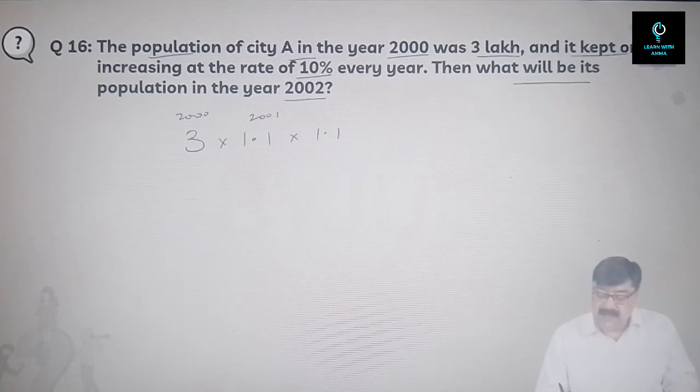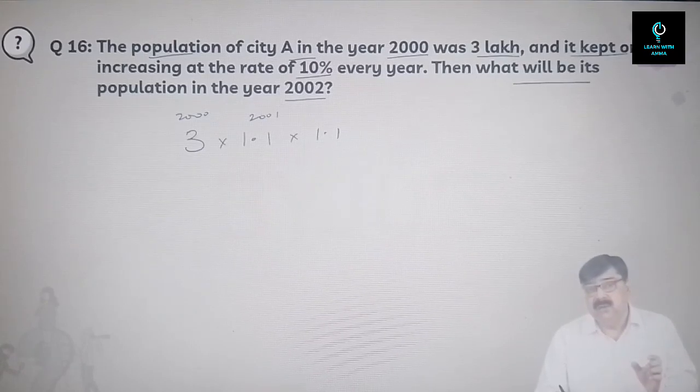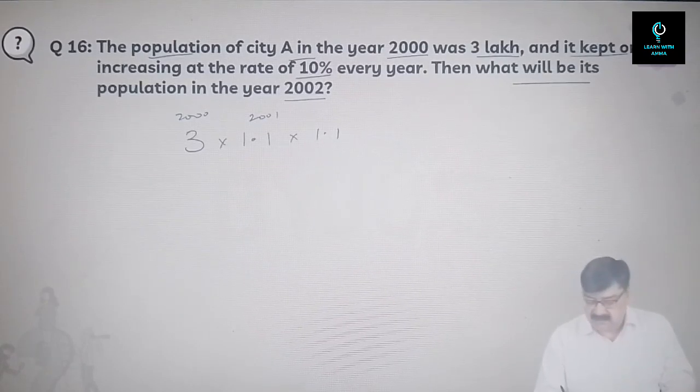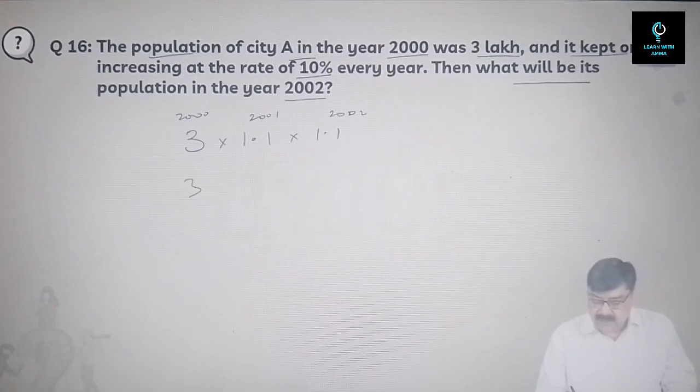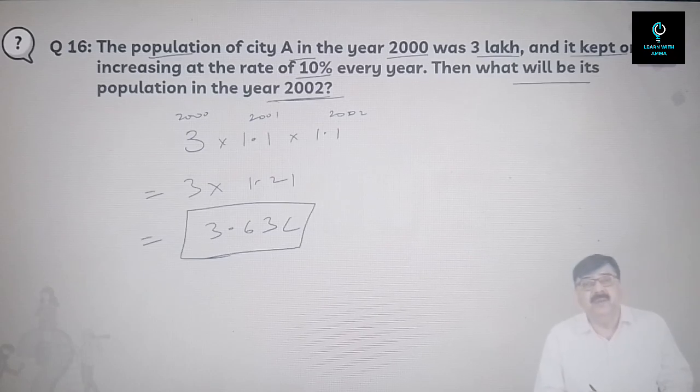So into 1.1 times. 1.10 is same as 1.1. So 10% increase will be 10% more, so 0.1 more than 1. This is 2002. So 3 into 1.21. So it is 3.63 lakh will be the population at the end of the year 2002.